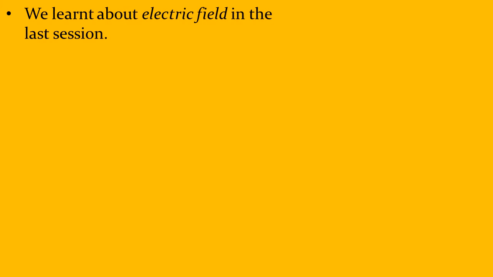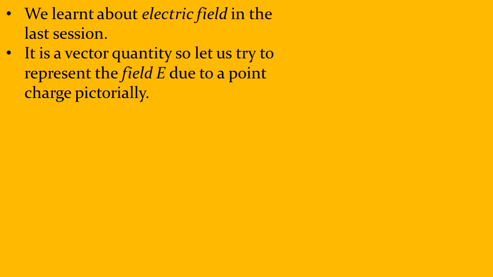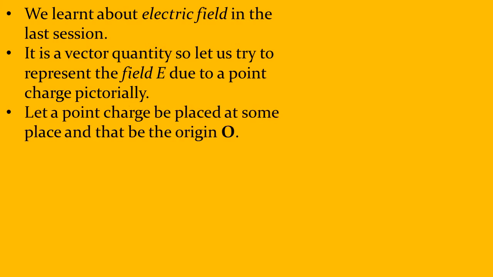In the last session, we learned about the electric field. The electric field is a vector quantity. So we can represent the electric field pictorially by using an arrow, the length of the arrow equal to the magnitude and the direction as per the direction of the electric field.